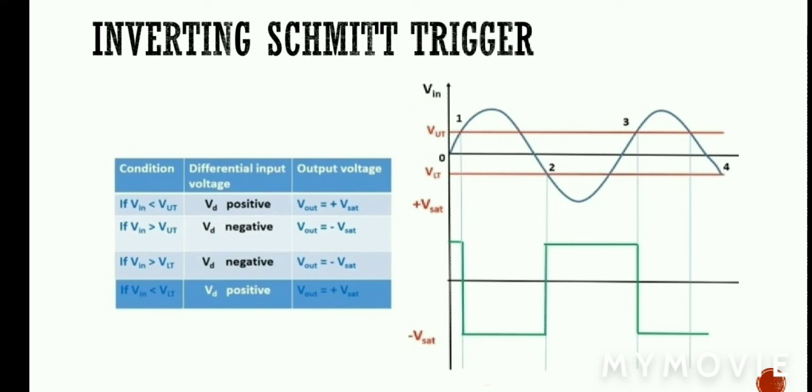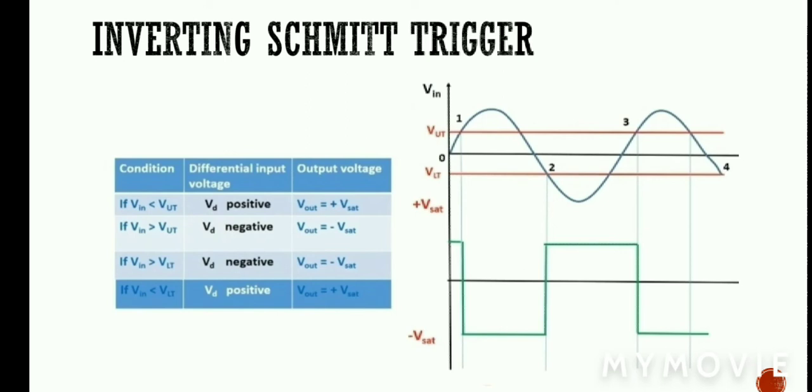So here this is the signal voltage sine wave, that is the input signal, the upper threshold voltage VUT which is in the positive direction and VLT which is the lower threshold voltage in the negative direction. So we see the intersection points on the signal with VUT and VLT, and we project these lines on the output voltage's x-axis. So we draw the waveforms.